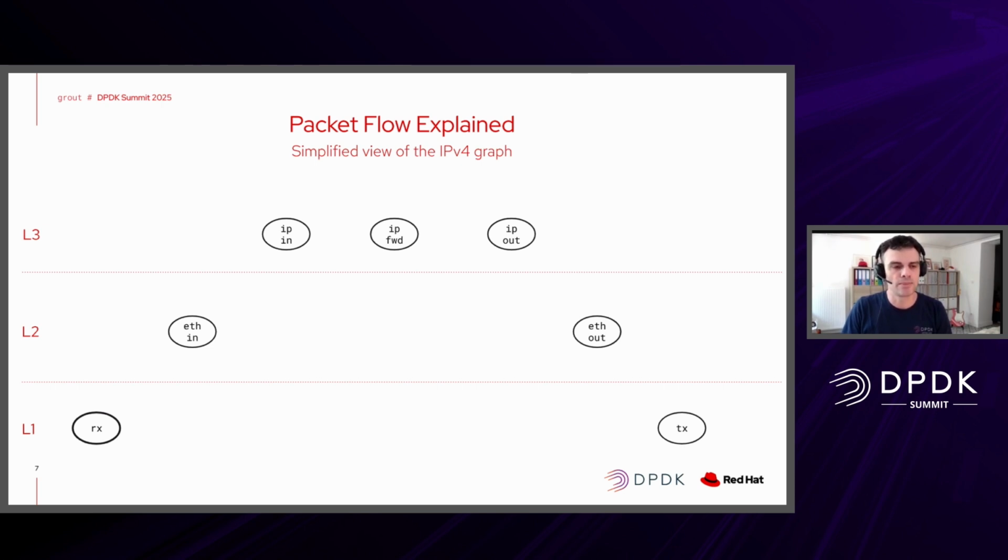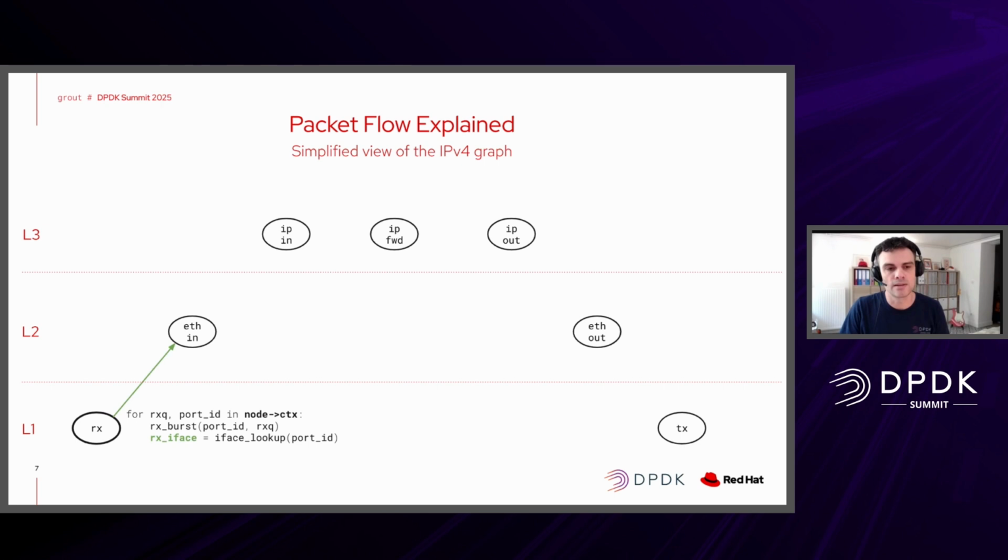So what happens is that we have the layer 1 RX node, which iterates over every port plus QID that we have. And it will resolve which interface, logical interface, is associated with that port number.